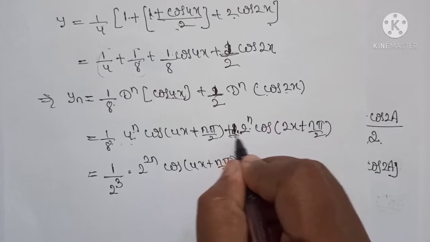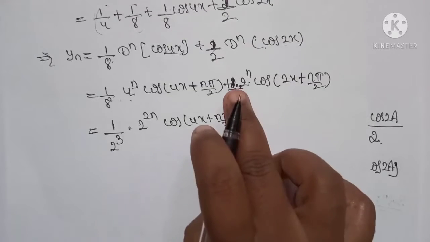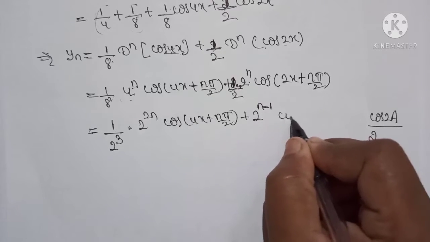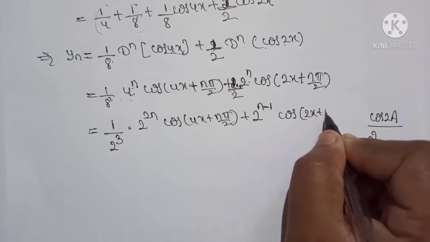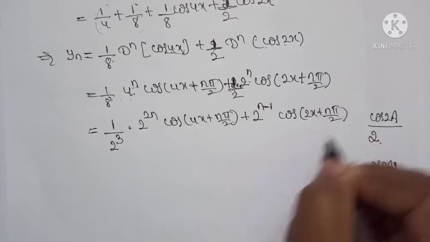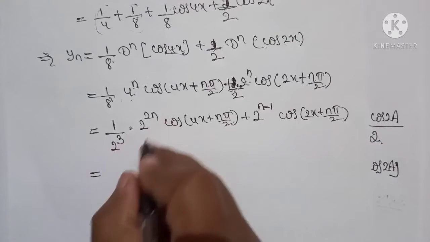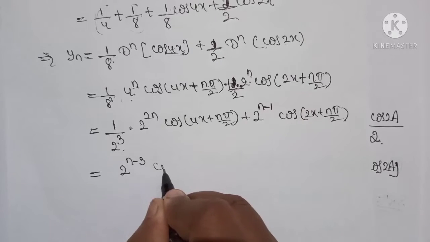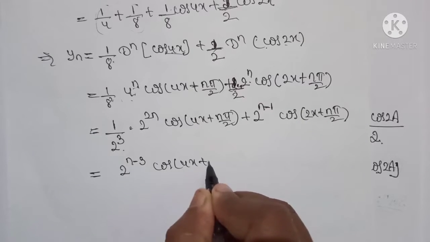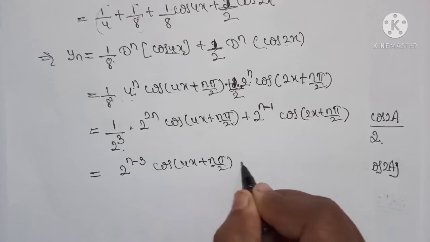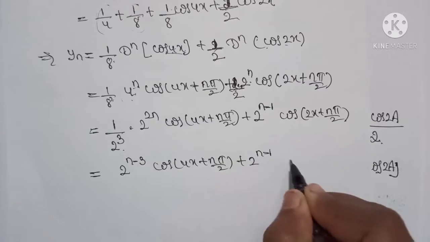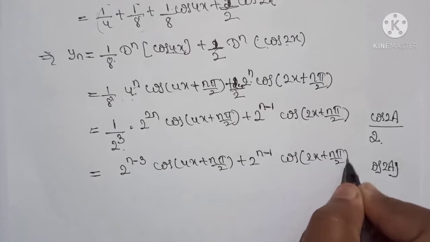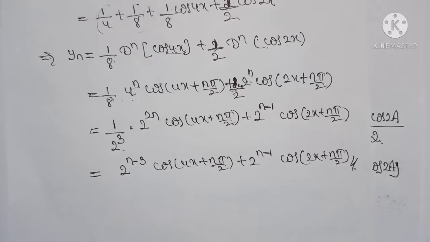So taking 1 by 2 to the numerator, we get 2 power n minus 1 cos of 2x plus n pi by 2. Further simplifying, we can write it as 2 power n minus 3 cos of 4x plus n pi by 2, plus 2 raised to n minus 1 cos of 2x plus n pi by 2. So this is the final answer.